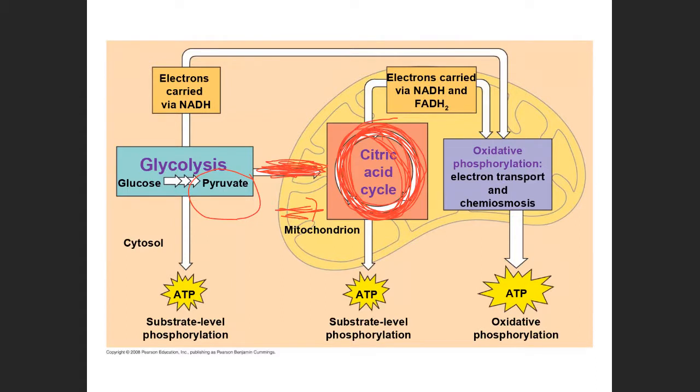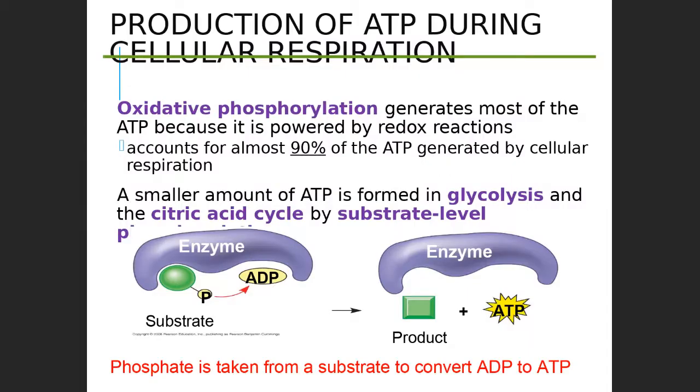Before I go any further, I want you to understand the 2 types of phosphorylation, because what we are having over here is the production of ATP, but this production of ATP happens by two mechanisms: either by oxidative phosphorylation or by what we call substrate level phosphorylation.